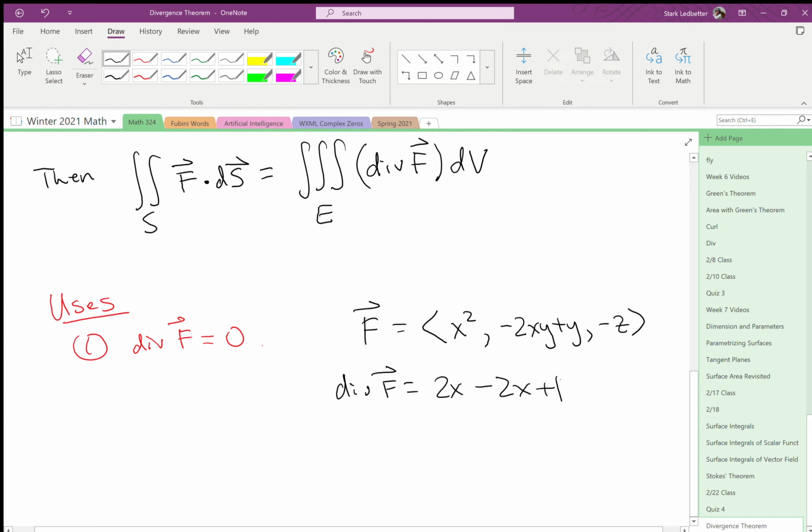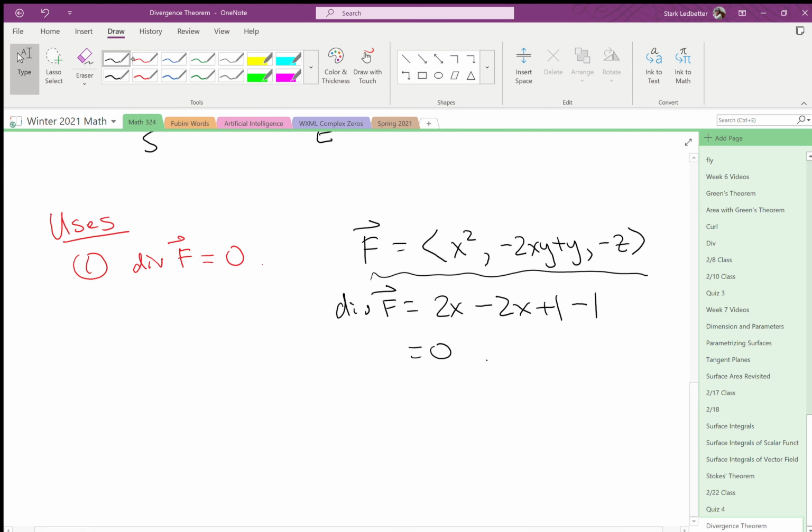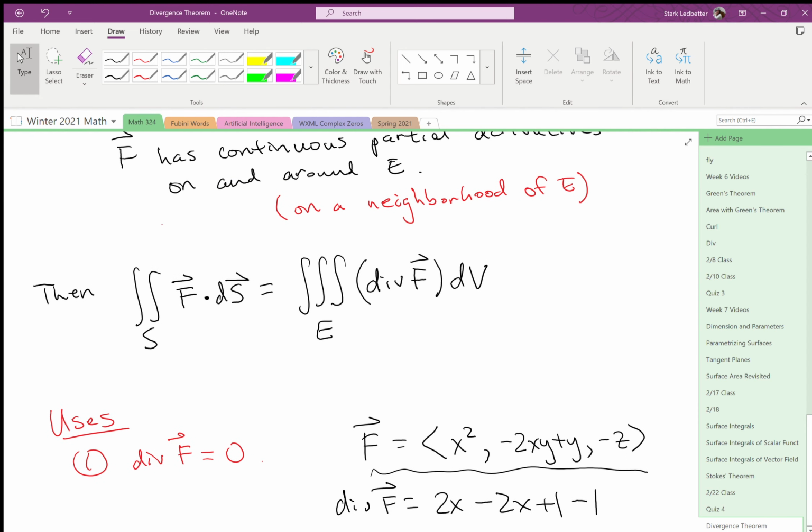The partial with respect to z of the third component is minus 1. So that all cancels out, and that's 0. If I said find the surface integral of that vector field over a sphere, which is not too bad of a region, that might be hard. But because div F is 0, now it's easy. So that's one nice use, because then you can easily say the surface integral is 0.